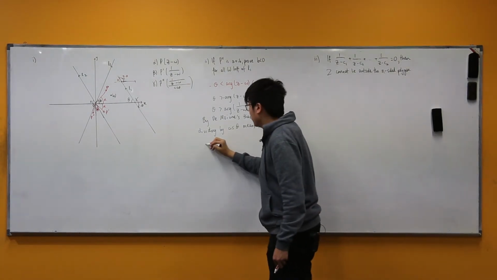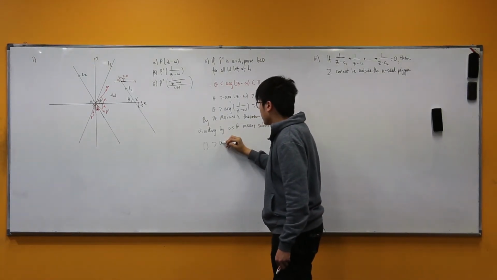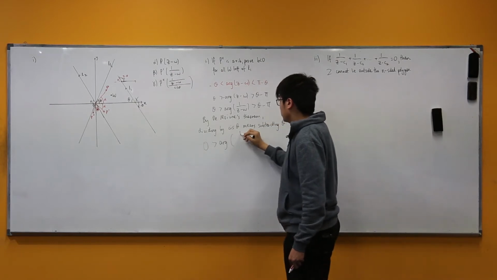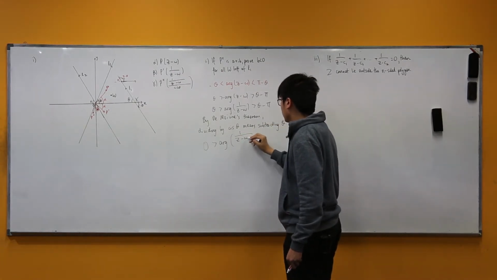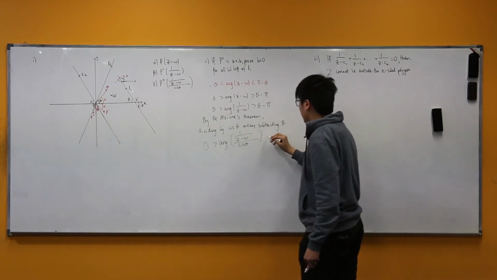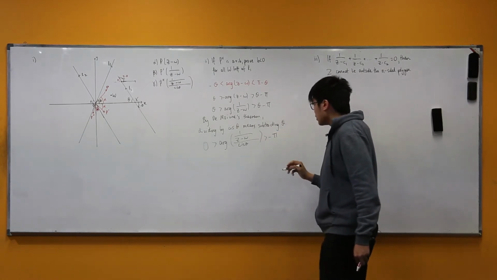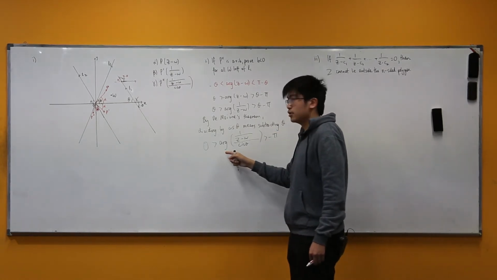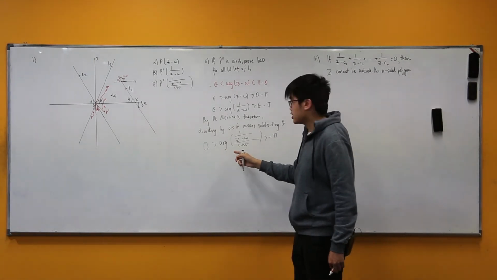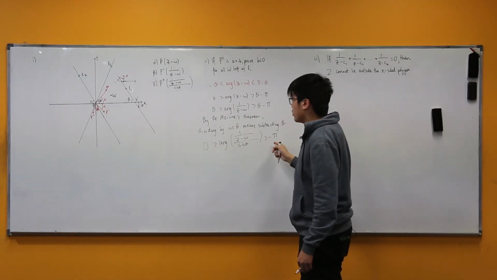Yeah, so we subtract theta from the angles, and for the Argand values, it will just become what we were given. And like so. Therefore, we're given that the Argand value of P dash dash is between 0 and negative pi.